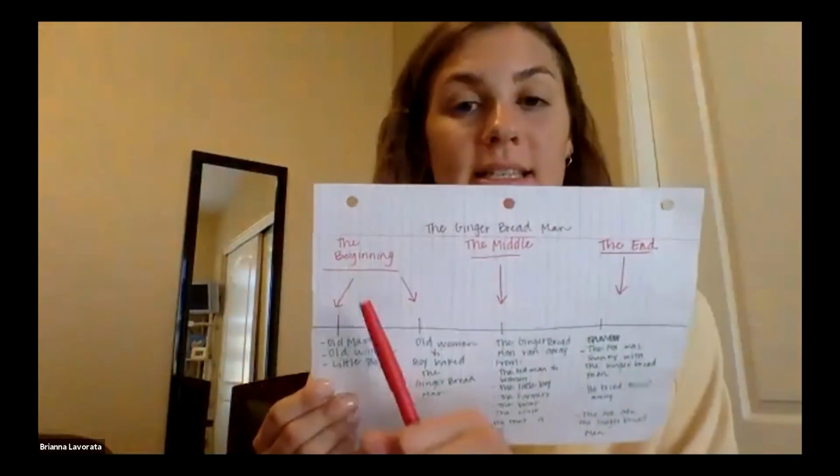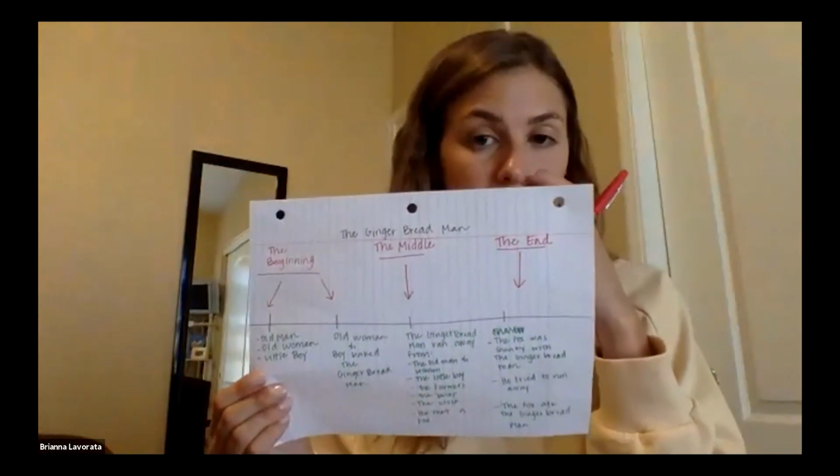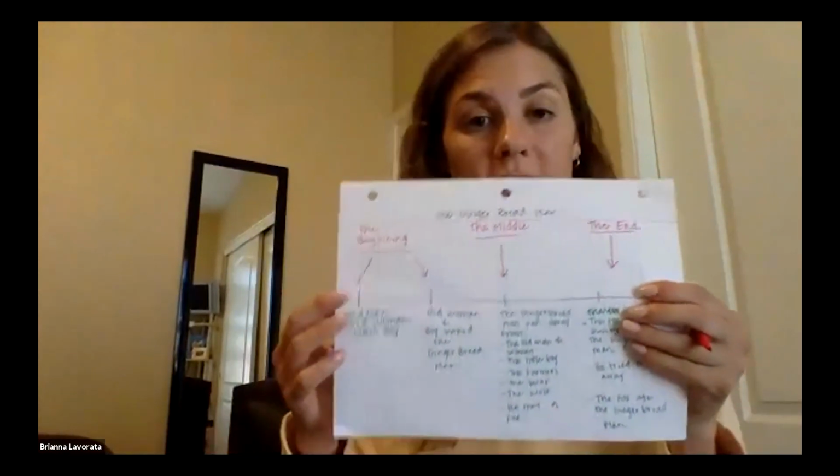So we're going to say it's very important for us to use words like first, next, then, and last. So in a different color, I'm going to write this just because I feel like it is helpful. So first, then, right?